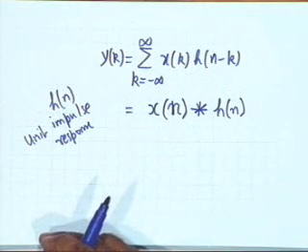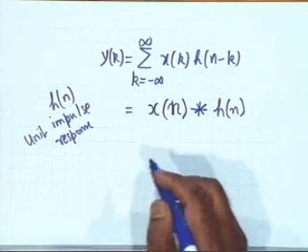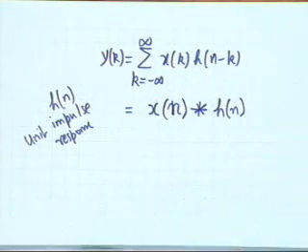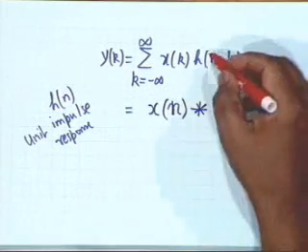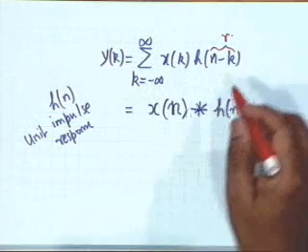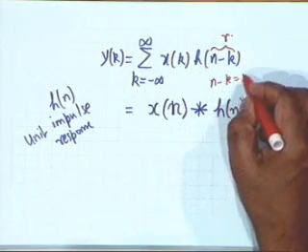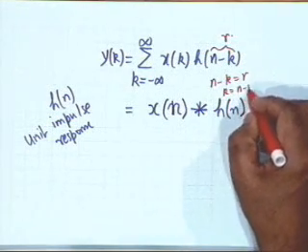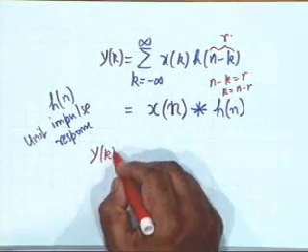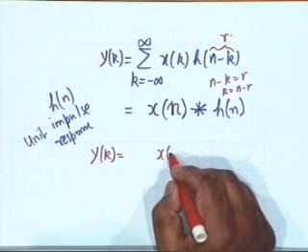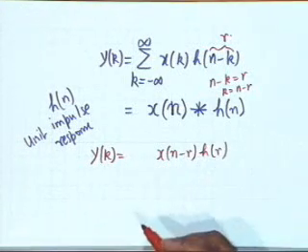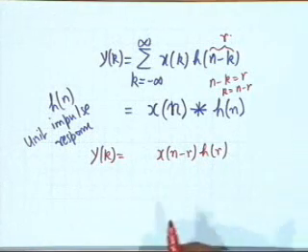It's very easy to see that if I change the independent variable, let's call n minus k equal to r, then n minus k equal to r, so k would be equal to n minus r, and therefore this summation can be written as x of n minus r h of r. I've changed the independent variable, which is an integer.